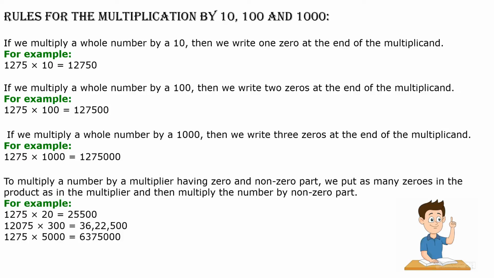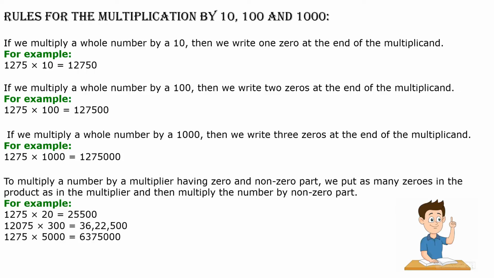I will simply multiply 1275 into 2 and then add a 0 at the end. So 1275 into 2 is 2550 and I'll simply place one more 0. So my product will be 25,500.